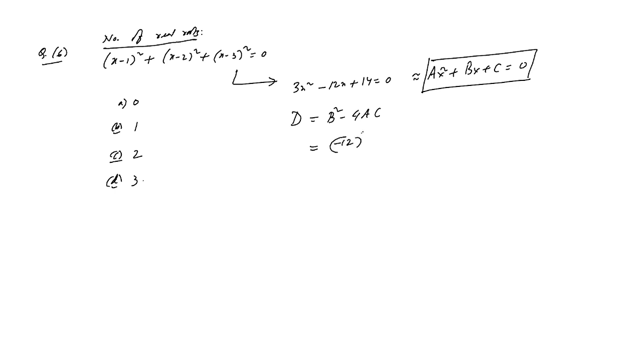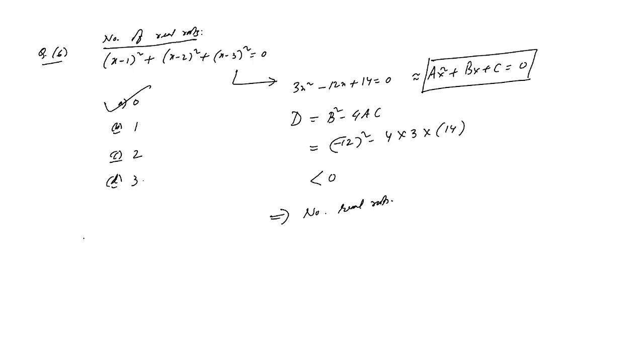So minus 12 whole square minus 4 into 3 into 14. Calculate it, and this value will be negative, less than 0, and hence we can conclude the given equation has no real root. So the number of real roots is 0, or we can say no real root. So option E is correct and all other options are false.